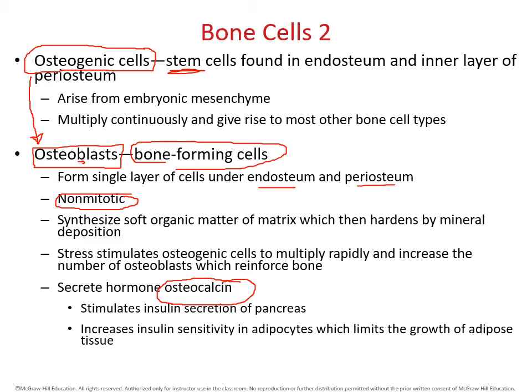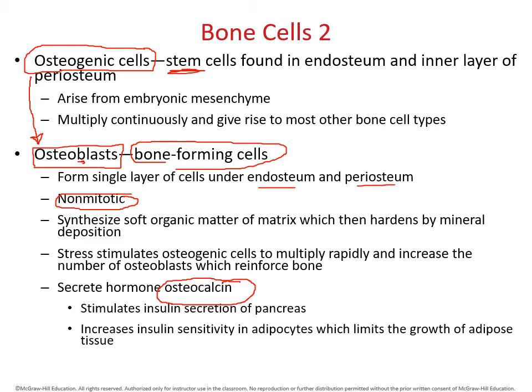This one stimulates insulin secretion of the pancreas. It increases your insulin sensitivity in your fat cells, and that's one of the ways that your body tries to limit the amount of adipose tissue that you have within the body itself. This is all about providing proper room for the bones to grow and to develop. The hormones, this is just a quick mention of it.